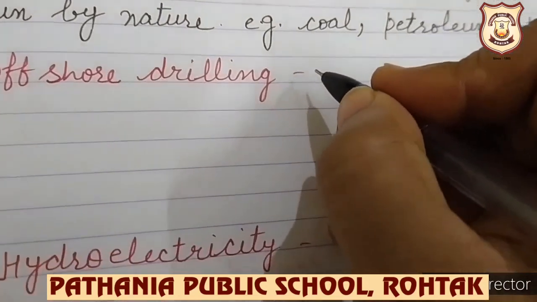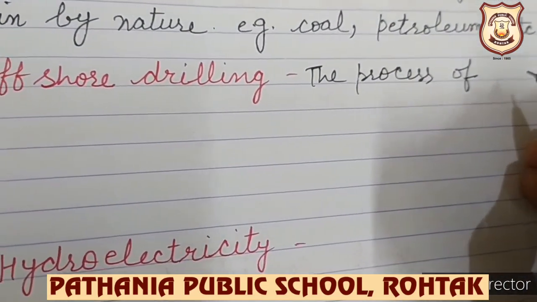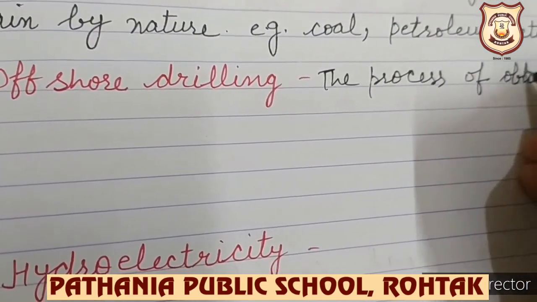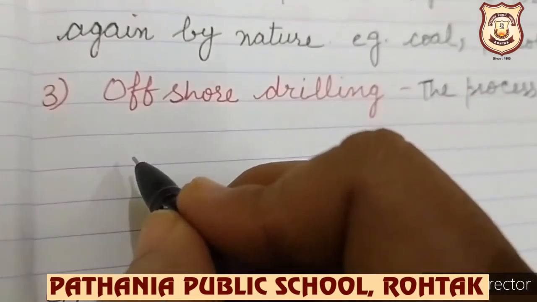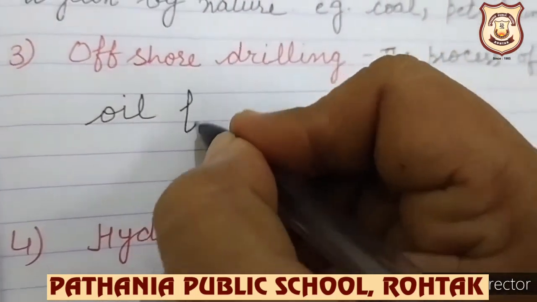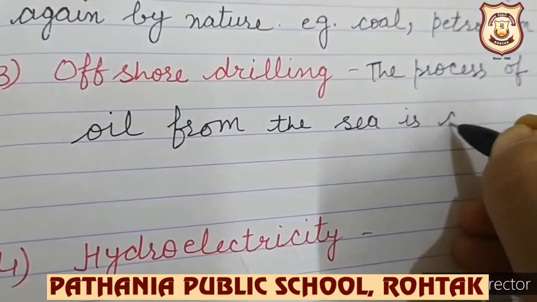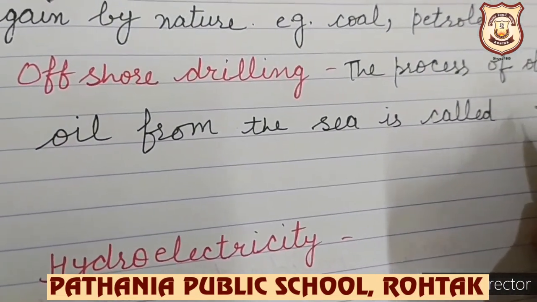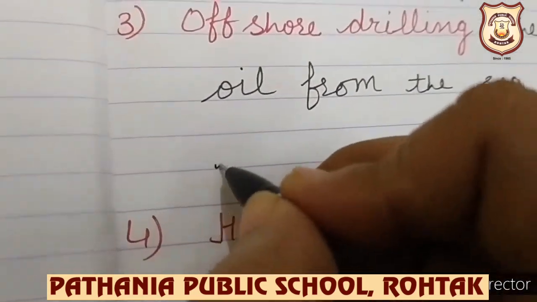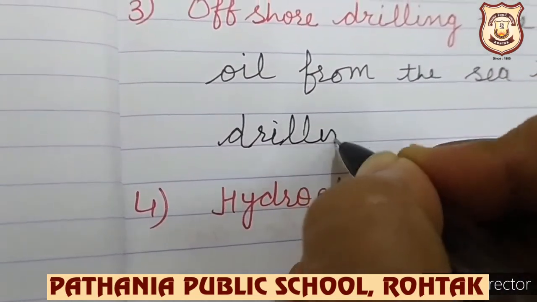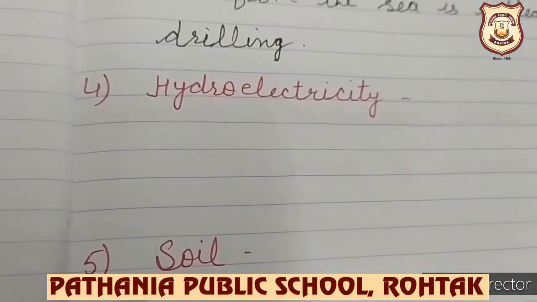So you will write the process of obtaining oil from the sea is called offshore drilling. So it is clear.